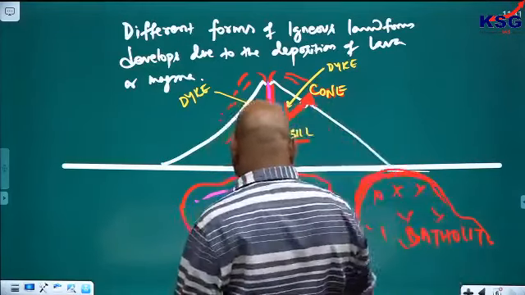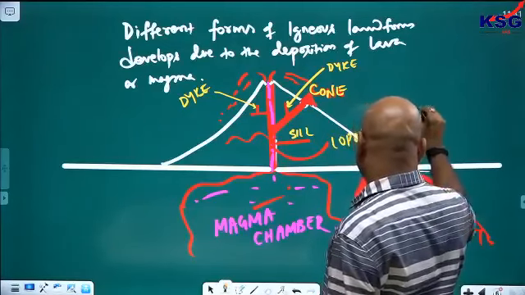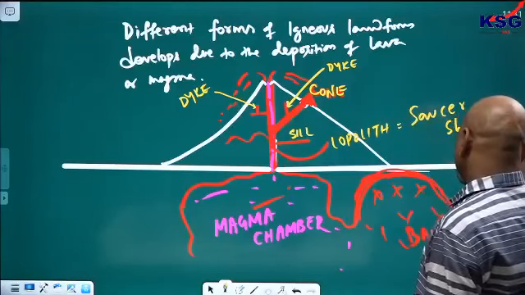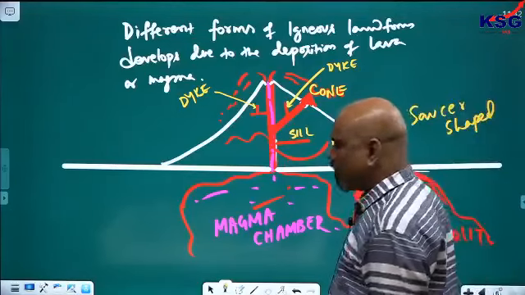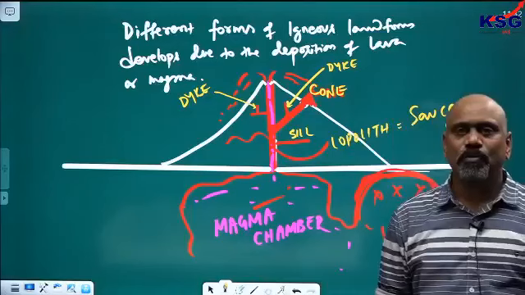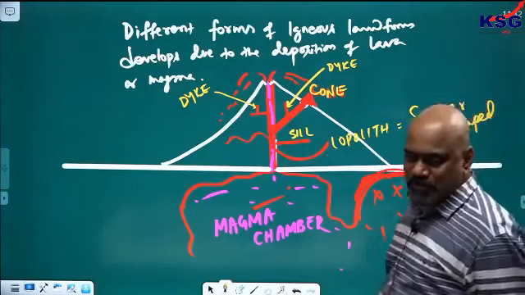Lopolith also can be developed, LOPOLITH, लोपोलिथ. अगर ऐसे कोई डिप्रेशन होता है और ये बनते हैं, ये हो गया आपका लोपोलिथ. Saucer-shaped डिप्रेशन एंड फॉर्म. अंदर ही अंदर ये saucer-shaped में अगर डिप्रेशन हुआ, इसको लोपोलिथ कहेंगे. These are लोपोलिथ, saucer-shaped.